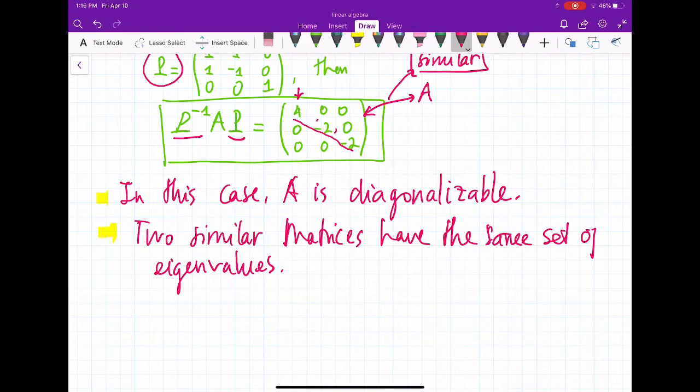The set of eigenvalues is sometimes called the spectrum of that matrix, and of course, that is the spectrum of the corresponding linear transformation too, right? So if a matrix is similar to a diagonal matrix, that means that matrix is diagonalizable. And the spectrum is nothing but the set of all eigenvalues.